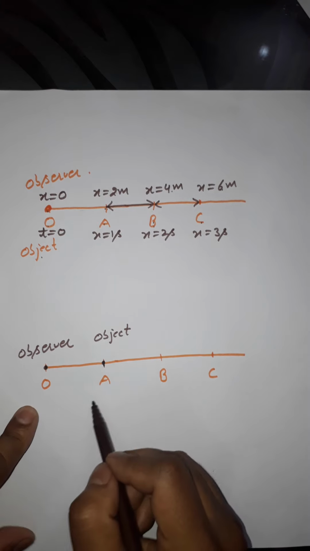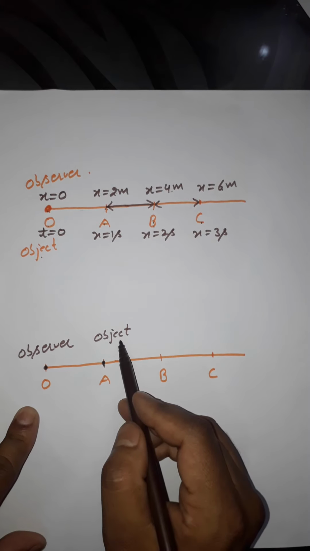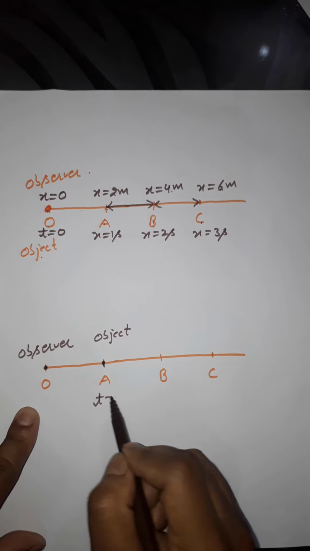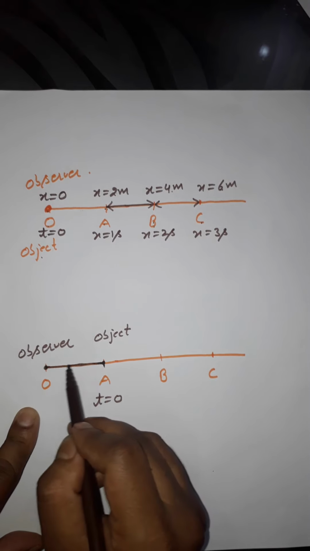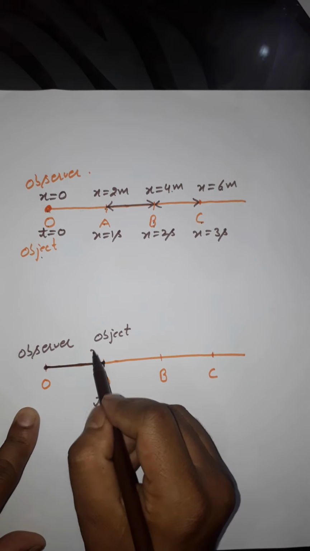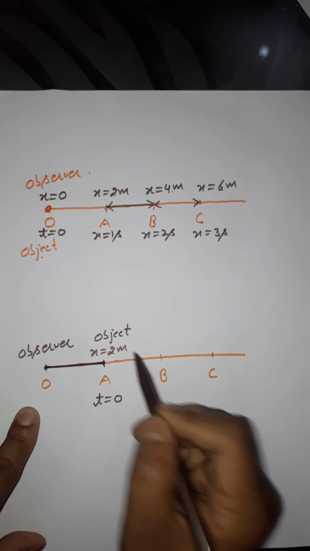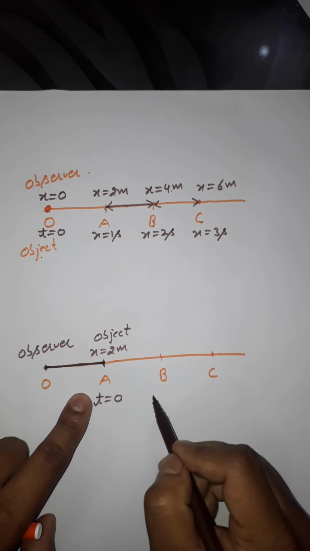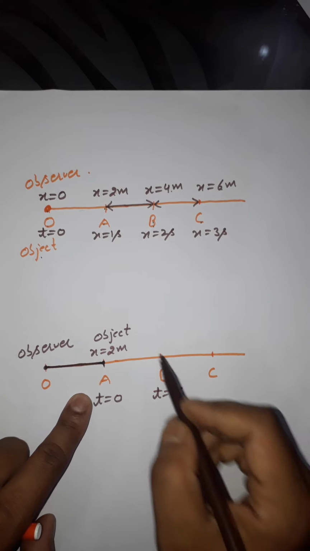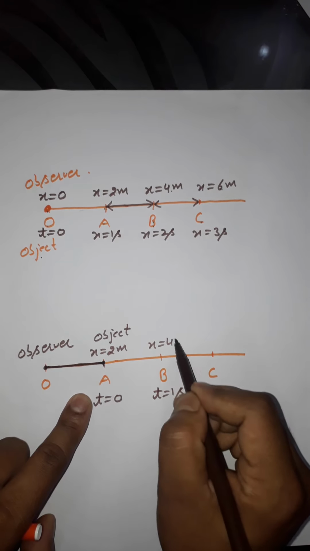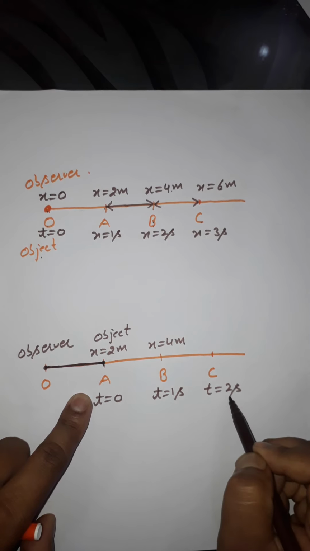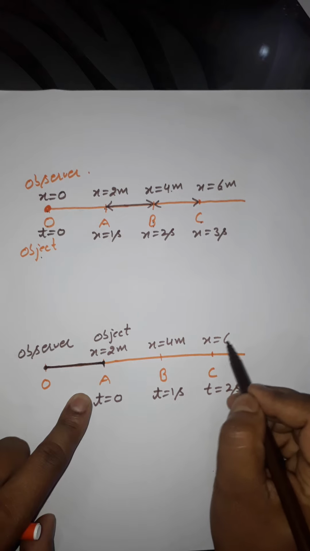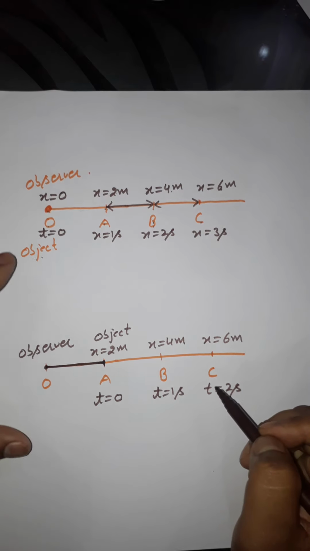So initially when the observer starts observing the object, t is equal to 0, the object is already at some distance from the observer. Suppose it is at a distance of 2 meter. So when time is 1 second, the object reached a distance of 4 meter. And when time t is 2 second, the object is at a distance of 6 meter.